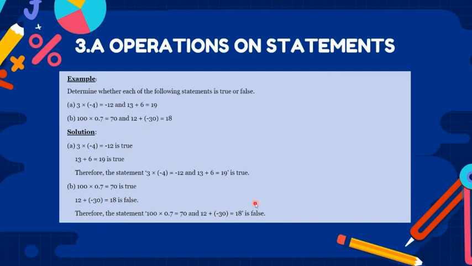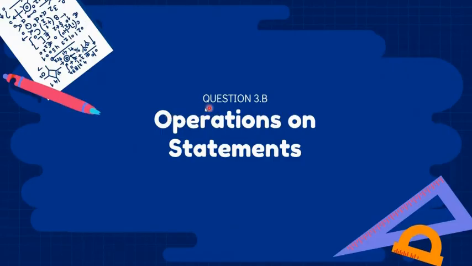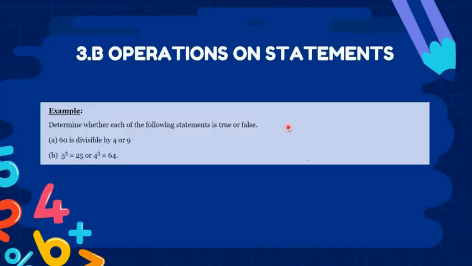I hope you get the idea of the operations on statements for the word "and". For the next one, it's the same kind of question, operations on statements, but this one uses the word "or". First we're going to go through the question. Later at the solution part, I will explain the answer.